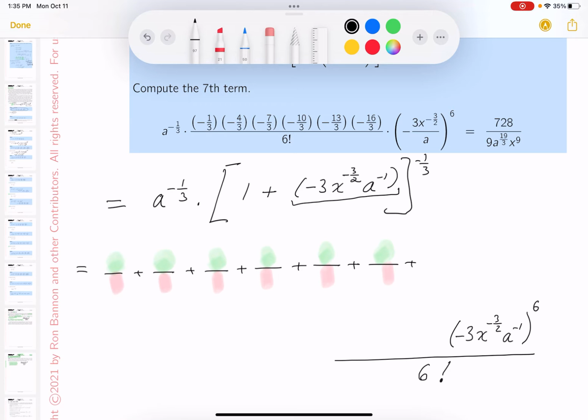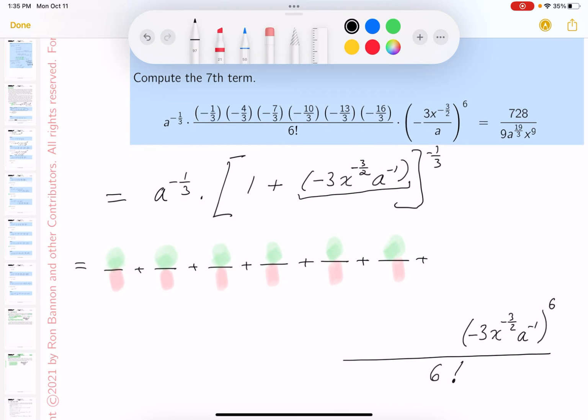All right. Here comes the tough part. It's that coefficient part where I'm doing the n minus 1, n minus 2. You get the idea? N minus 1, n minus 2.